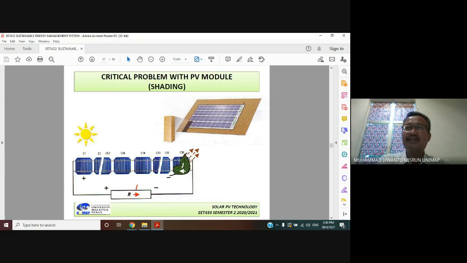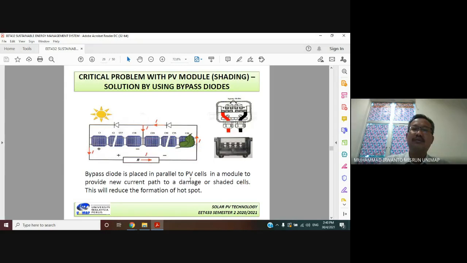But in the manufacture, this condition is solved by using what we call a bypass diode, meaning current can be bypassed when shading occurs on one part of the PV module. The bypass diode is placed in parallel to PV cells in a module to provide a new current path to a damaged or shaded cell.